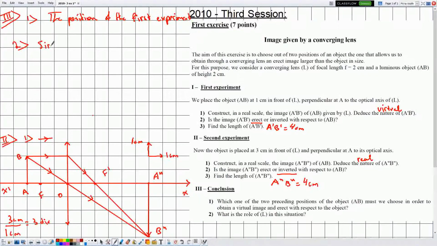Okay, since the image A prime, B prime is virtual and larger in size. Why larger in size? Because the size of the image in this case is 4 cm and the size of the object is 2 cm. Then I'll place the role of a magnifier.